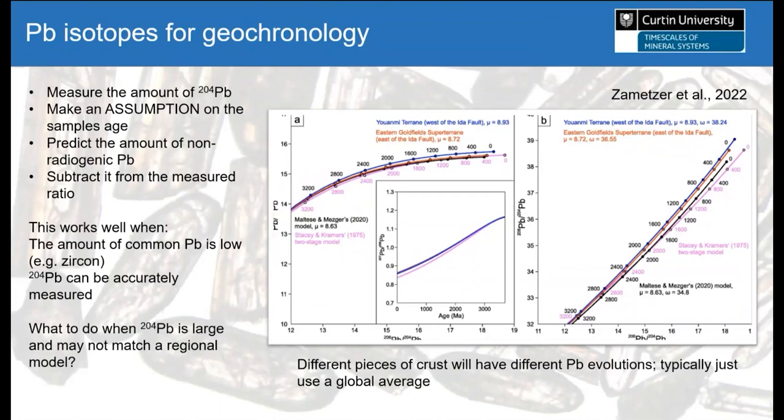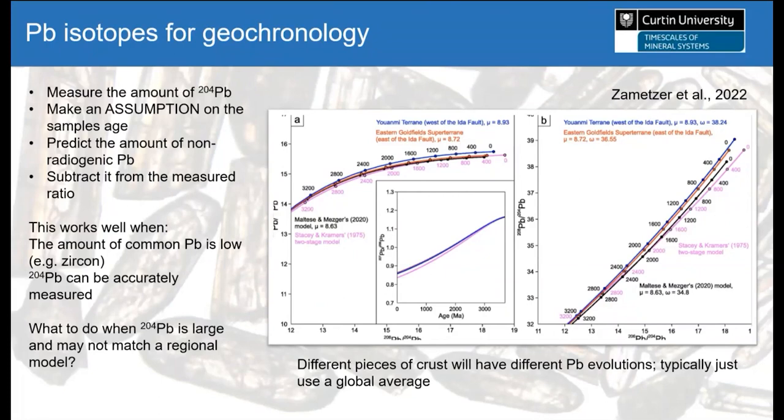When we're actually downstairs measuring our 204, it's a big issue. It's a small isotope, it's a low amount of it, so it's quite challenging to accurately measure. But even more problematic is that the gas that we use, especially on our mass spectrometers downstairs on our laser ablation system, contains mercury, which overlaps on the 204 peak.